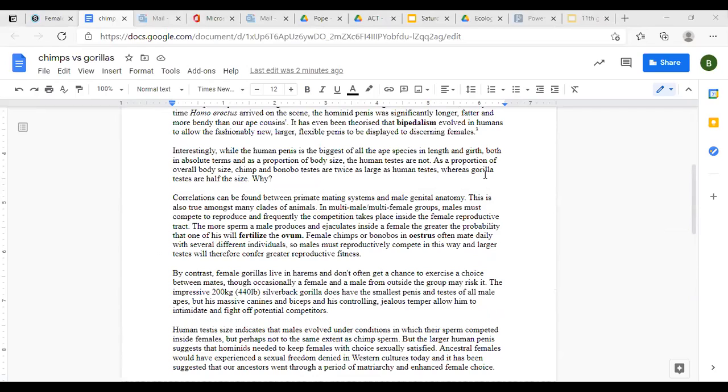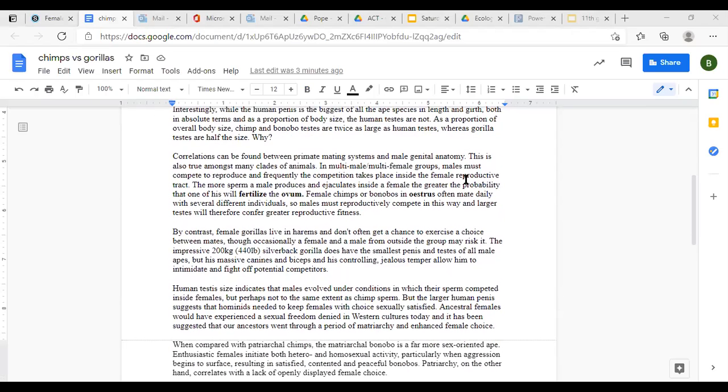There's one person on here whose mic is not working, because they tried and couldn't speak. Is it the penis and testes? Yeah, the penis and testes, right? Isn't that crazy? It's amazing actually. The penis in a chimp not only has to be large, but it also talks about, where is that in the text?